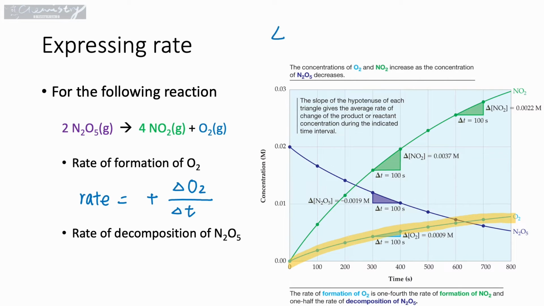Remember, delta is a Greek letter and its meaning is change in. So it's the change in concentration over a period of time, and it is a positive quantity because it is increasing. Over here, we're looking at the change in the concentration of O2. Remember, our brackets mean the concentration of.